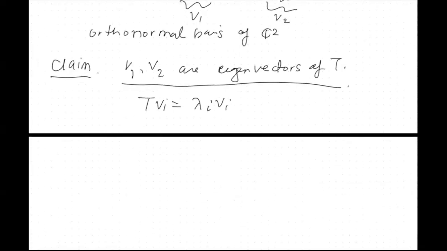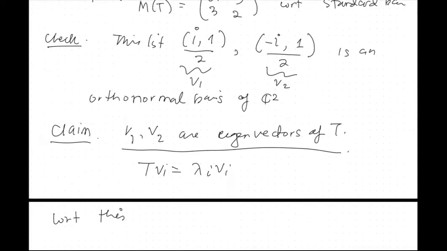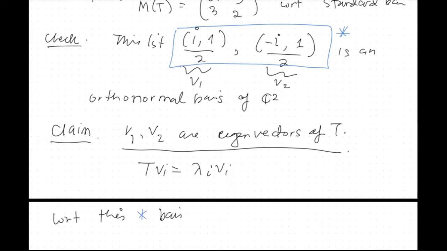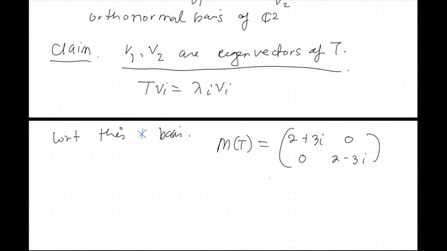And with respect to this basis, we have our matrix of T given by 2 plus 3i and 0, and then 0, 2 minus 3i. So this is a diagonal matrix.